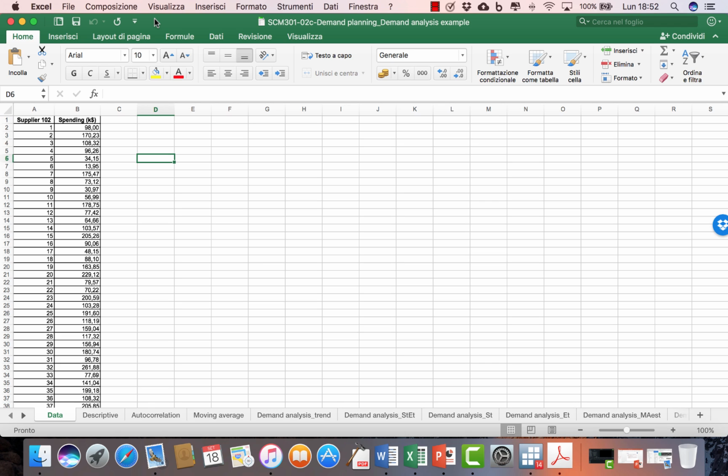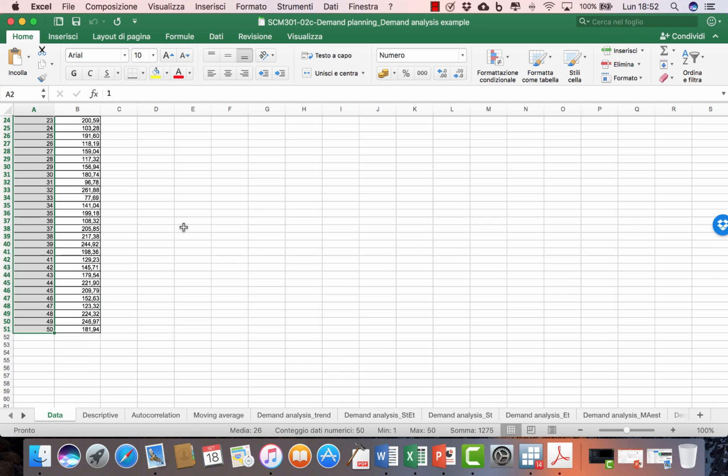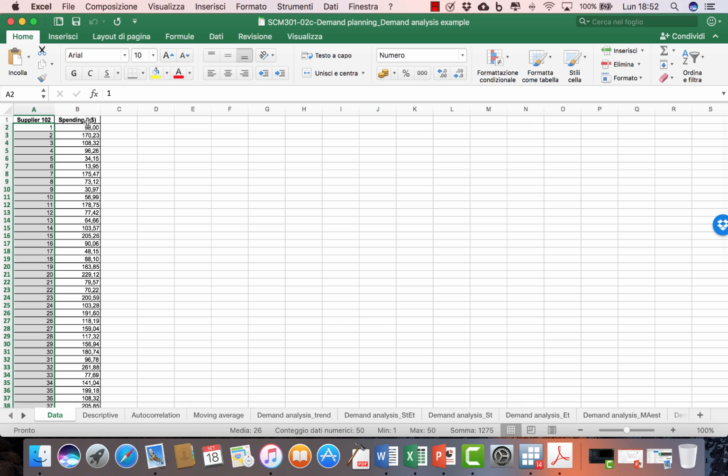Okay, let's consider this example that we will carry on during all the following explanation. These are real data. I took a company supplier, supplier number 102, and the value for 50 months of the spending.